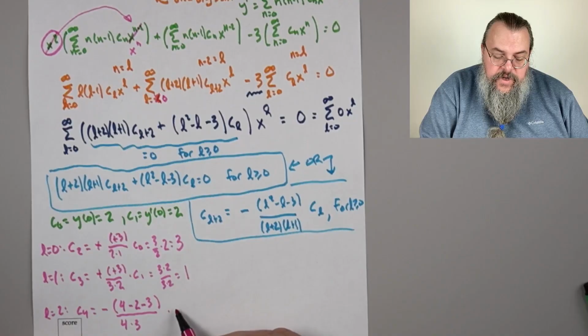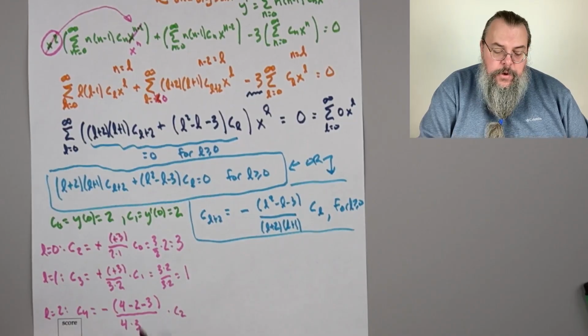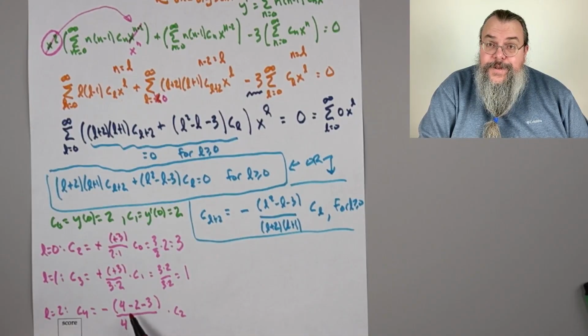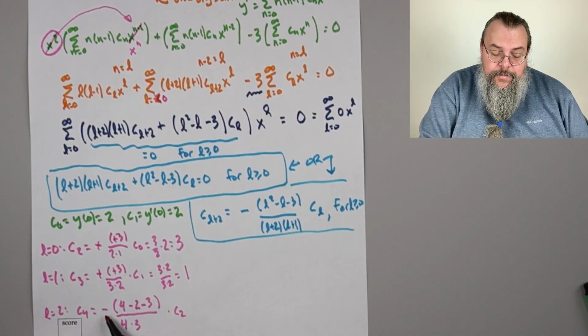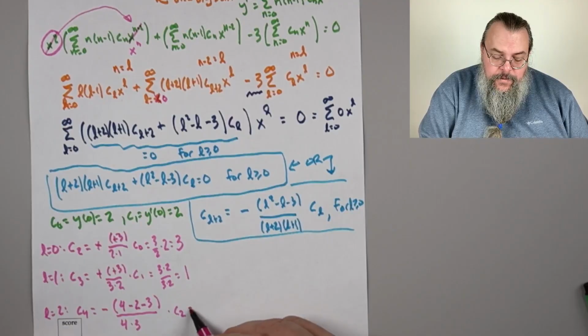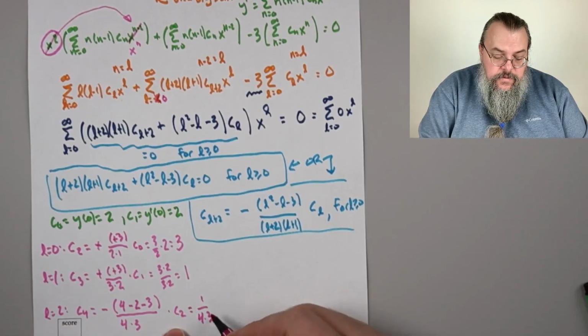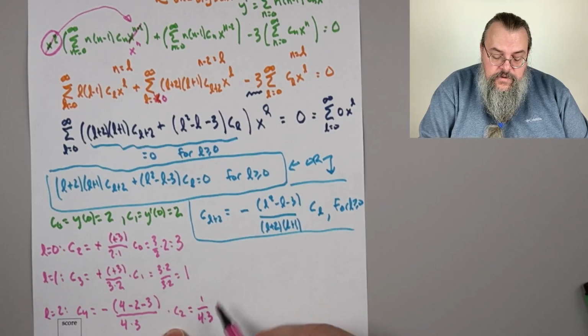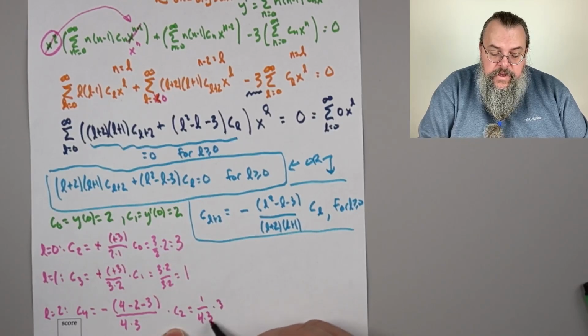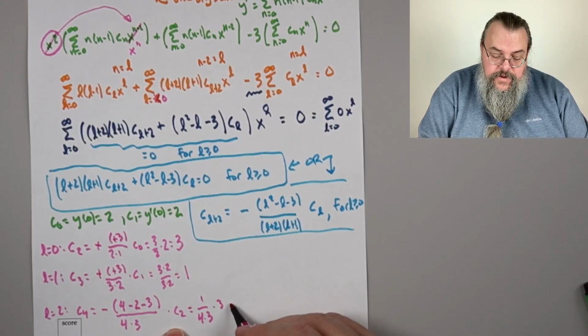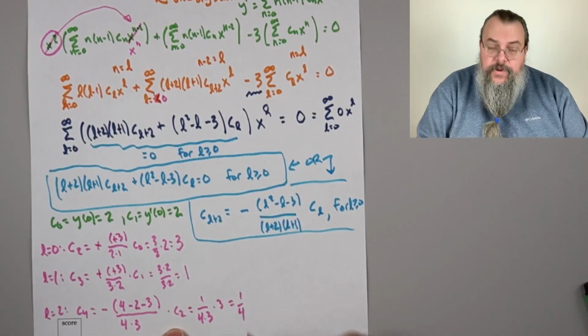Then we're multiplying by C2. So 4 minus 2 minus 3, that's 4 minus 5, which is negative 1. And there's a minus. So we end up with a 1 over 4 times 3. What is C2? Well, C2 is 3. So the 3's cancel, and we end up with 1/4.